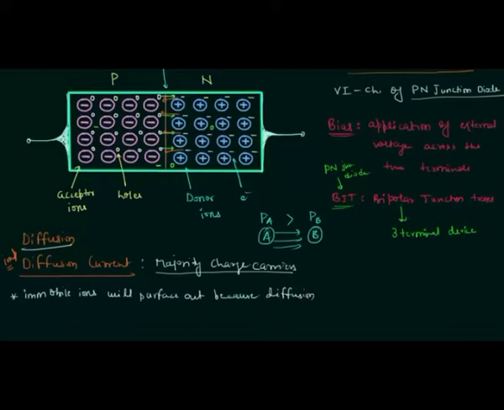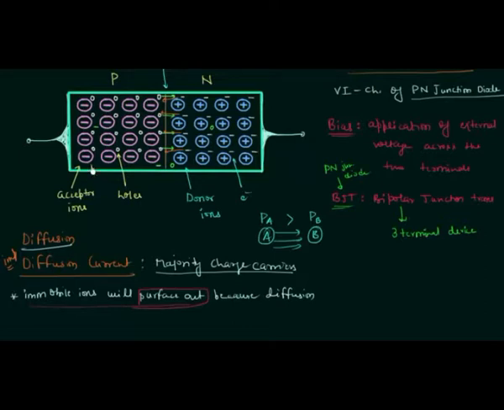Now what do we mean by immobile ions will surface out? Surface out is nothing but uncovering of immobile ions. These acceptor ions and these donor ions are immobile ions because they are fixed, they are not moving, and when we uncover them, we say immobile ions are surfaced out, because initially electrical neutrality was maintained.